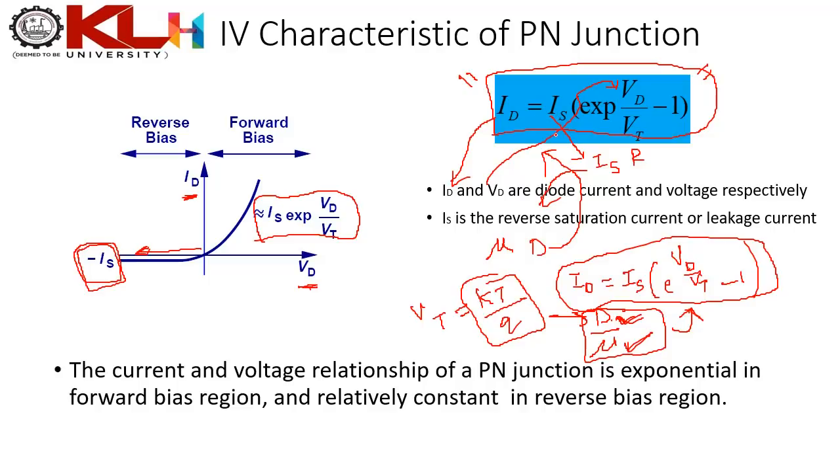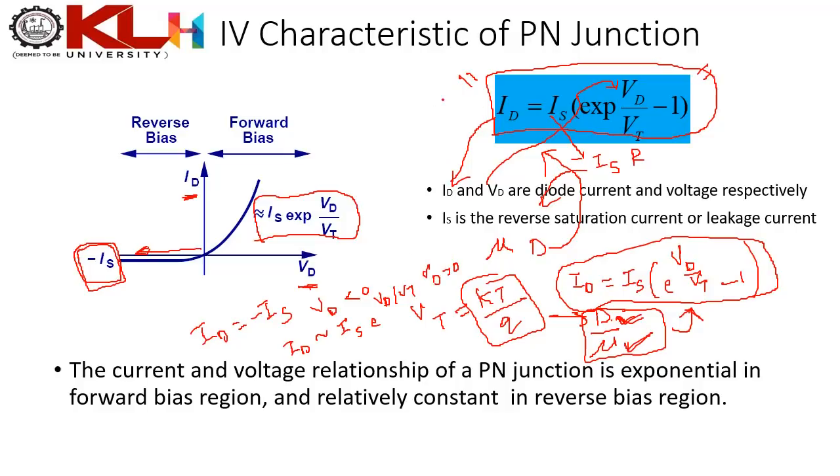Again, when Vd is negative, this becomes e power a negative value, which is very negligible, and a negligible value minus 1 is minus 1. So Id equals minus Is in the reverse bias region, that is when Vd is negative, and Id can be approximated with Is e power Vd by Vt when Vd is greater than 0.